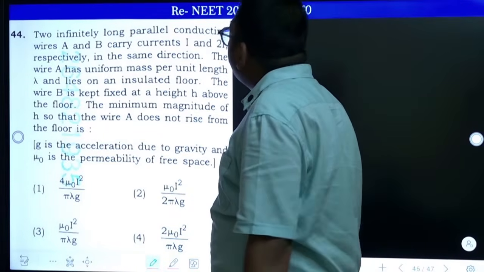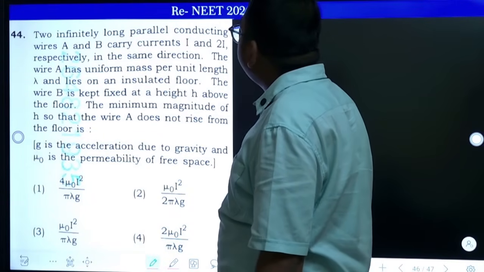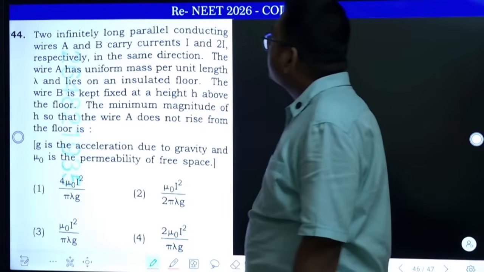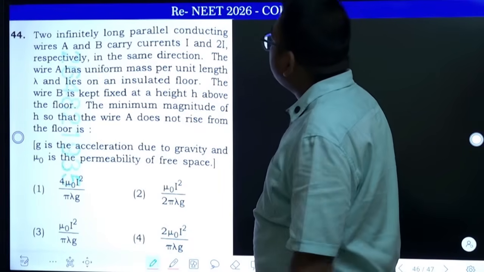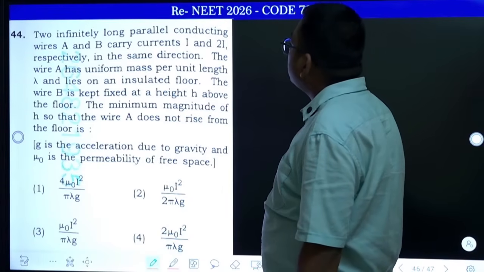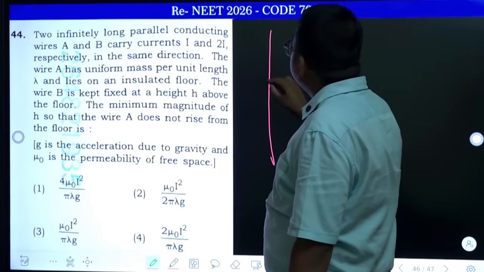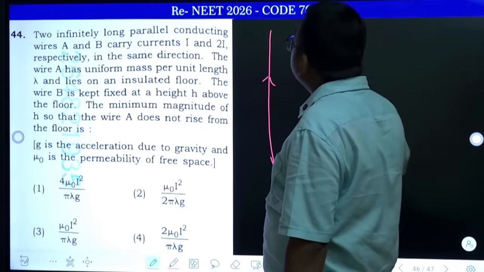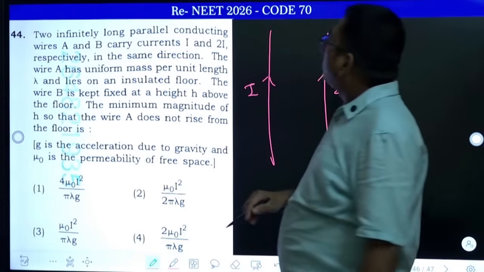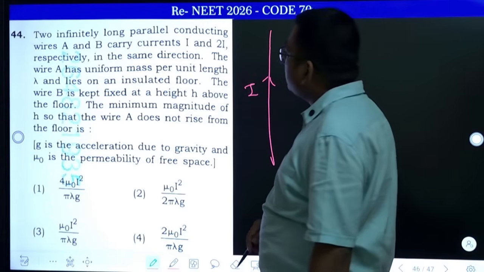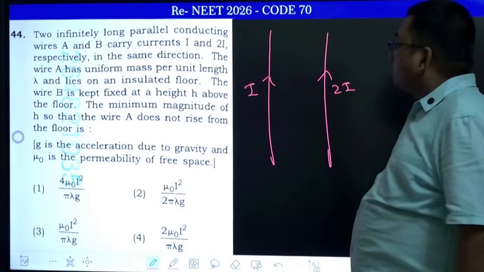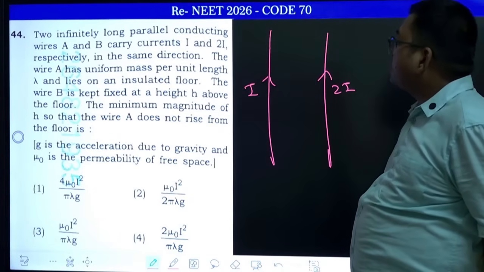Two infinitely long parallel conducting wires A and B carry currents I and 2I respectively in the same direction. Parallel wires are there carrying currents I and 2I. Wire A has uniform mass per unit length lambda and lies on the insulated floor, and wire B is kept at a height h above the floor.